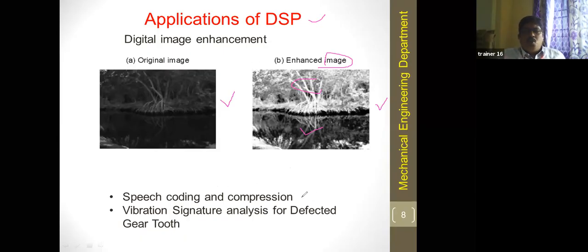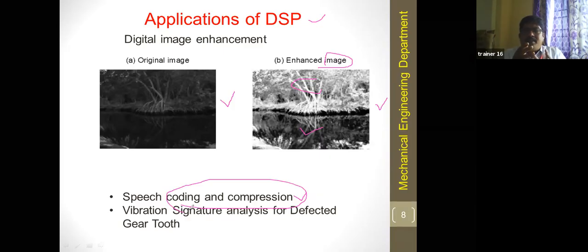And speech coding and compression also. Speech coding, for example, I am talking to you. Sometimes it may not be uniform. Maybe sometimes the pitch is high and the pitch is low. My signal should be non-uniform, what I'm talking with you, right? I am delivering a lecture. So this should not be perfectly uniform.